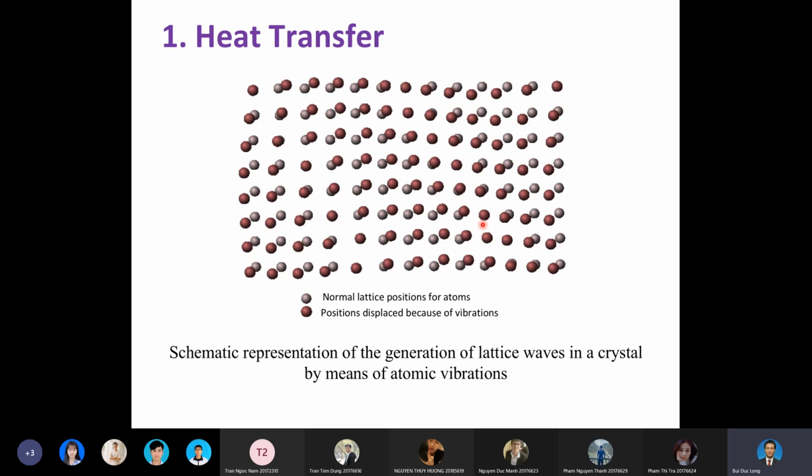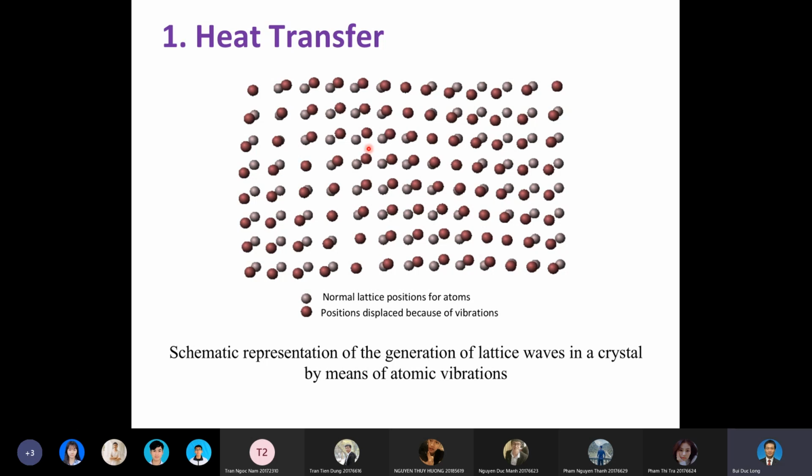So here is an illustration, a schematic representation, of lattice vibration of atoms when they receive energy.